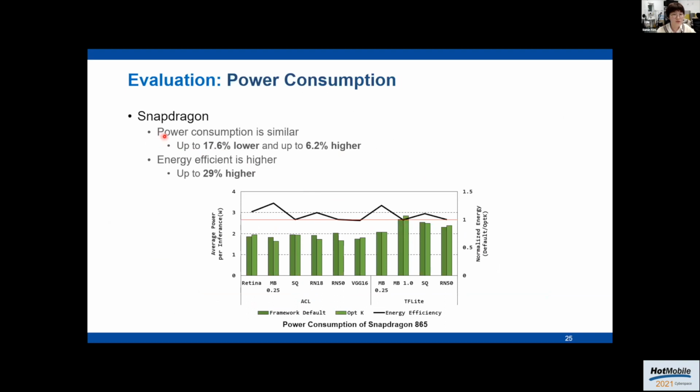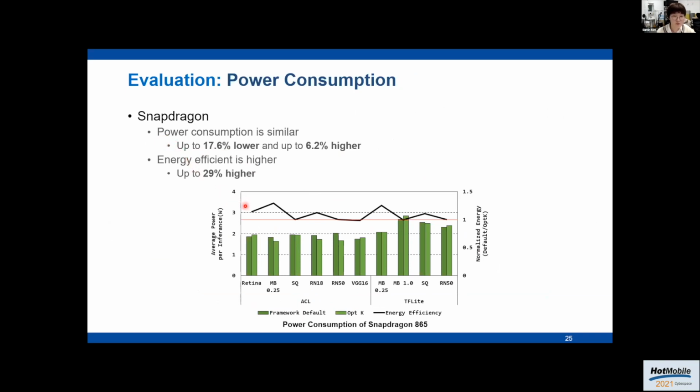Lastly, this slide shows the power consumption and the energy efficiency of the constant k scheme on Snapdragon. We used the Snapdragon profiler to measure the power consumption of the chip.